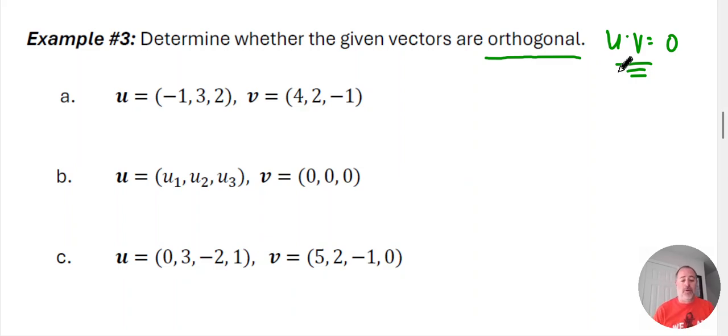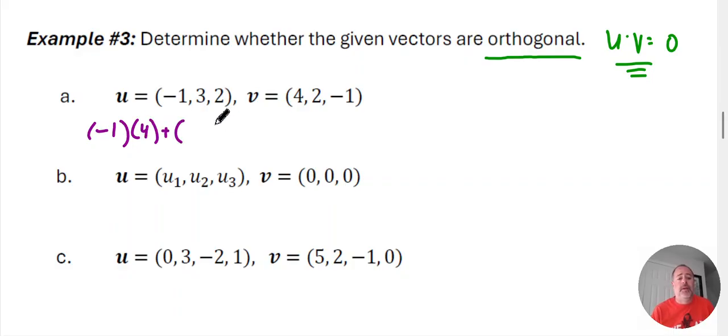There's other ways to do it per your notes, where you can find the magnitudes of the functions, but we're just going to do the dot product of u and v. So that's what we'll do. And so basically we're going to do the dot product and see, is it 0? If it is, they're orthogonal to each other. If it's not, then clearly they're not. So very quickly, we're going to do -1 times 4.